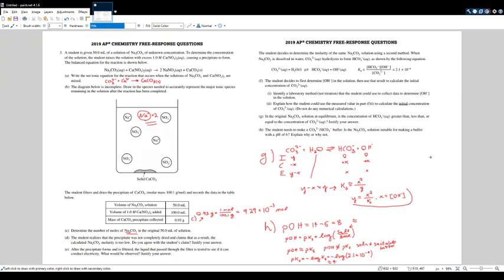Yeah, it is a buffer, but it's not a suitable buffer with a pH of 6, because that would mean that pOH would have to be about 8, and the pOH is about 4, just based on the calculations we had before.